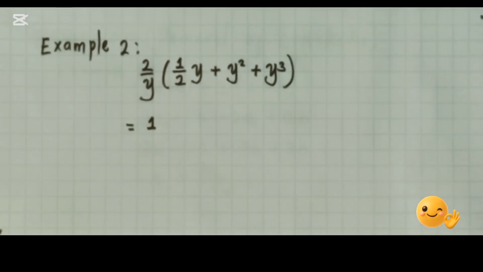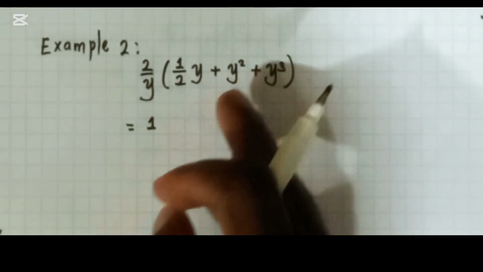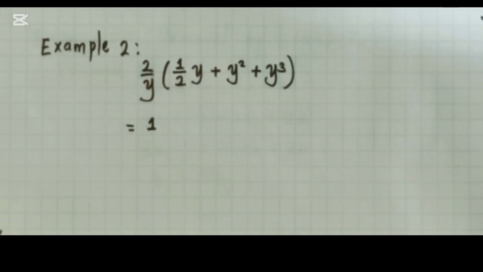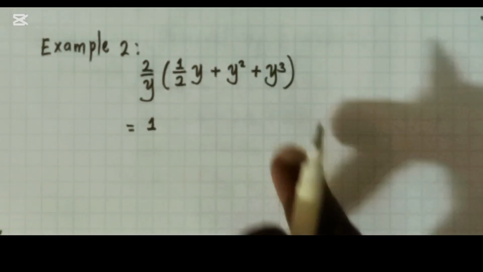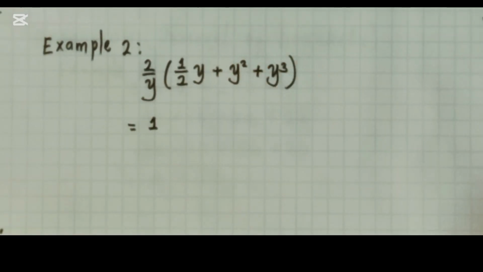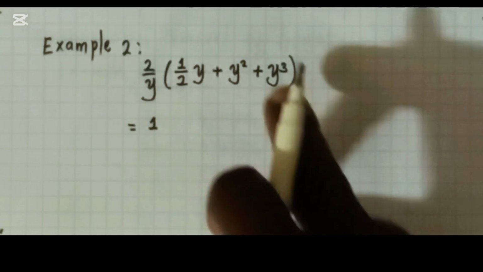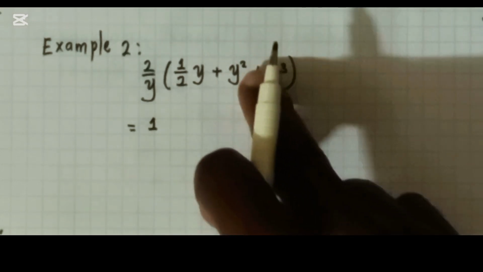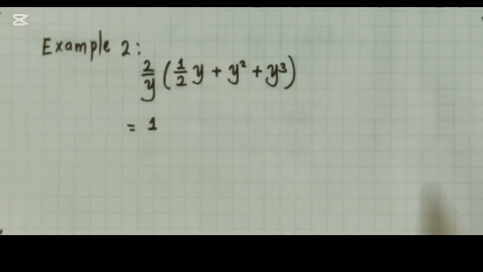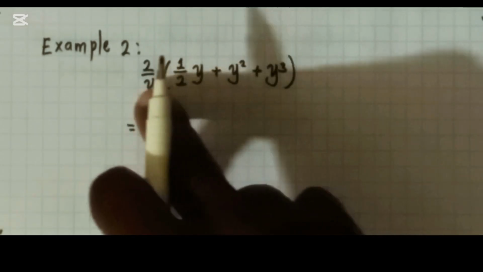Now in the second scenario, we're dividing y squared and y. y squared divided by y simply means that we subtract the indices, the powers of y.